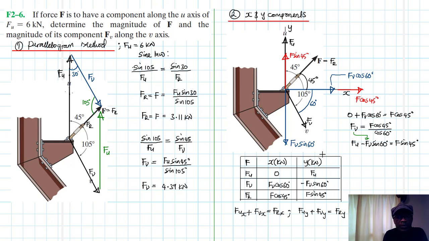When we plug it in, we find that, and then we know that Fu is equal to 6 kilonewtons.